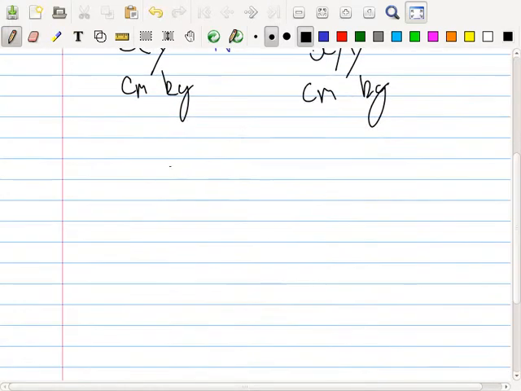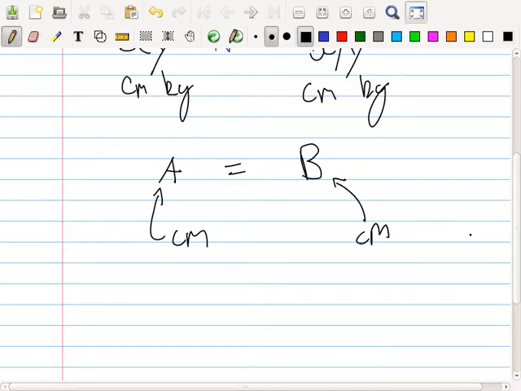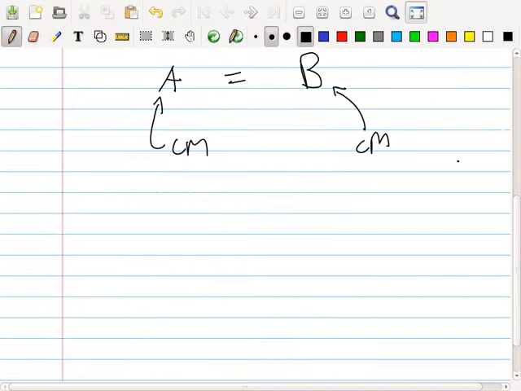Second idea, if I have something like this, an equation, A equals B, and let's say this one is in centimeters, then this one here, what do we think? Does it need to be centimeters or can it be different? It needs to be centimeters as well. So there's a symbol we can use.